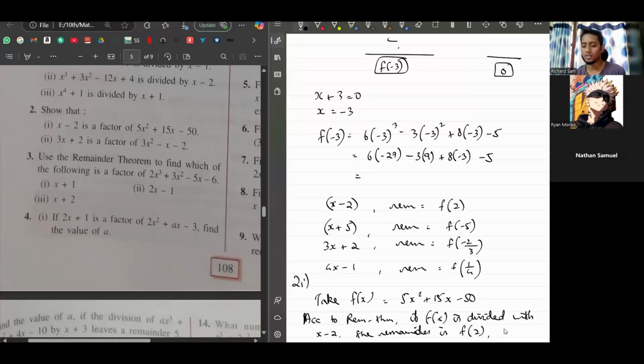And here you'll write f of 2 is equal to 0 because x minus 2 is a factor. Then you write f of 2 is equal to, and put the values here. Solve this one.